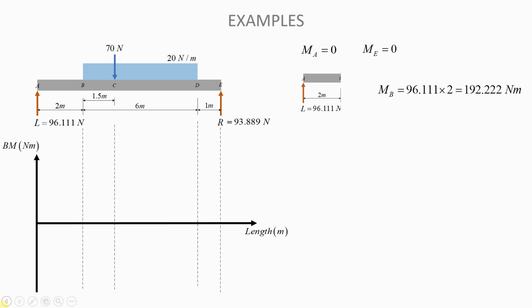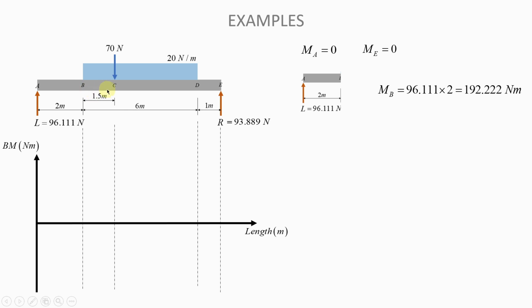So the sum of the moment is just going to be the moment of one force, which is just 96.11 multiplied by 2. And this is what is going to give you 192.222 newton meters. Very, very important. And that is the moment that you have here at B.